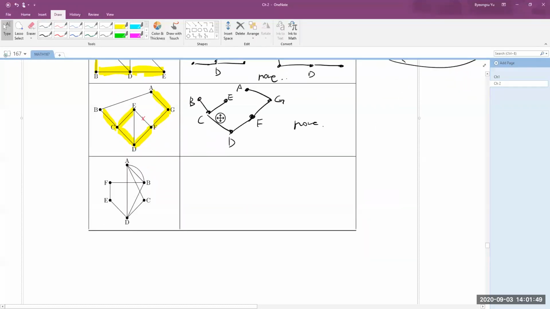And maybe there are more spanning trees. Okay, let's deal with one more example. Again, you can choose just any edge you want. So I just randomly choose DE, and I want to choose AD. Then maybe I can choose AB, but this edge, right? There are 2 edges from A to B, so you need to choose only 1 edge to make a tree.